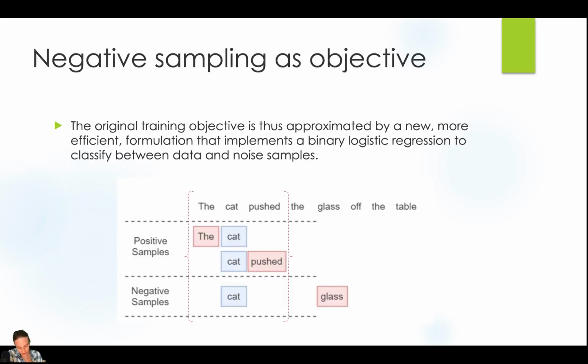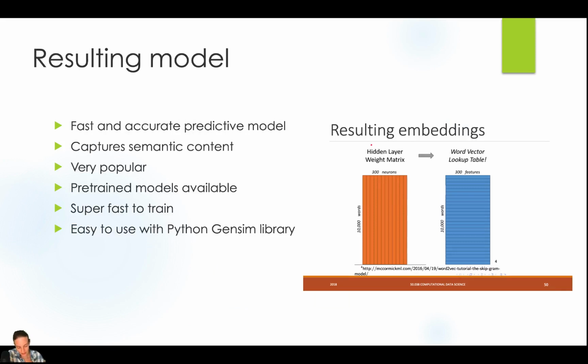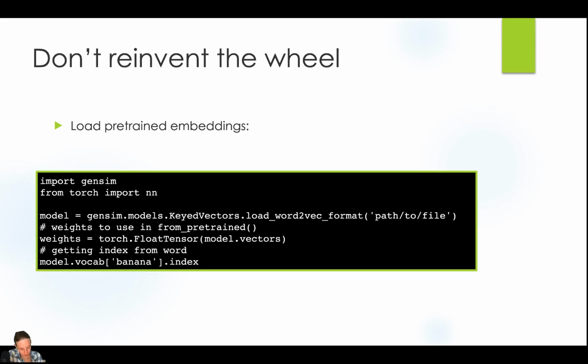Basically this weight matrix becomes our word vector lookup table. We use the hidden layer, I repeat, not the output layer, and we use this latent representation, a representation in the middle of a network, as our new word vectors.